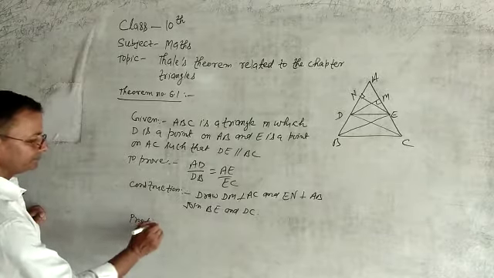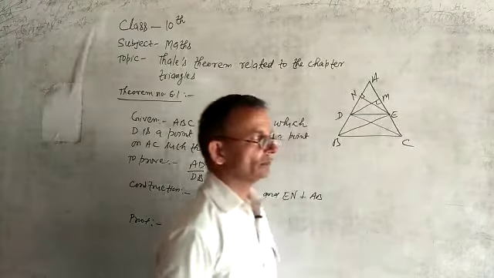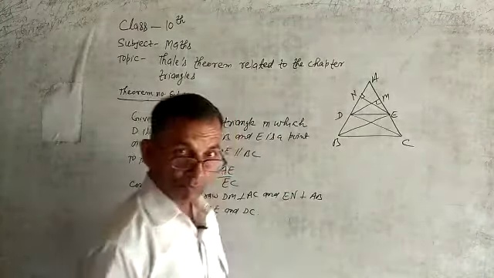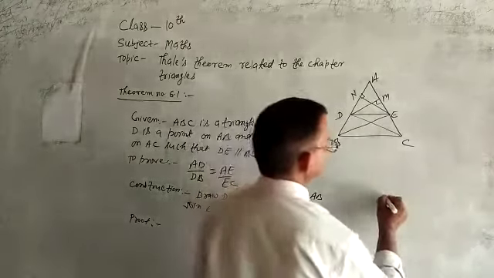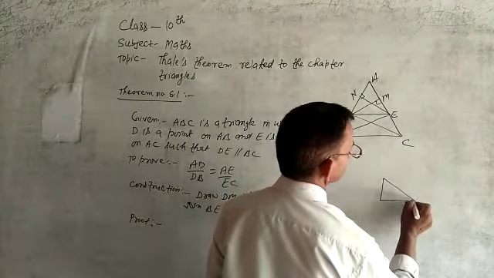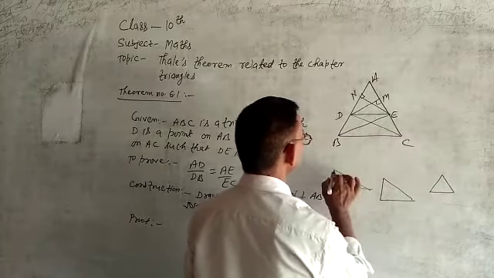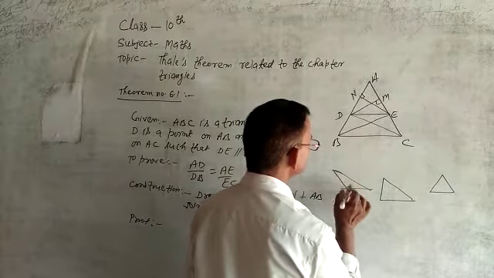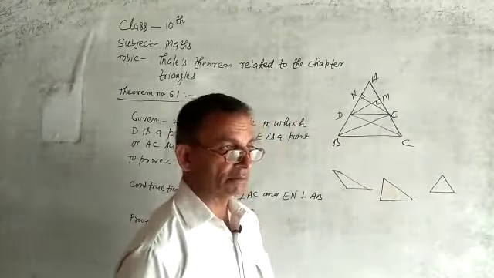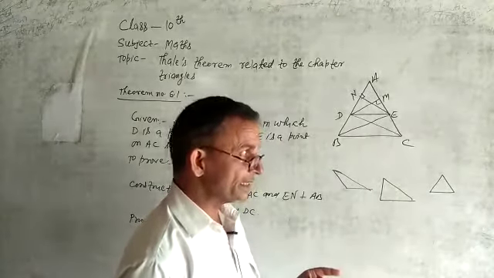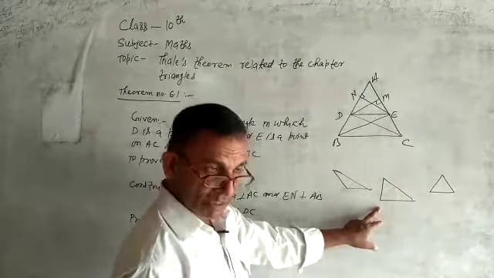Proof. I am going to say about height. The shortest distance which joins the opposite vertex to the side is known as height.